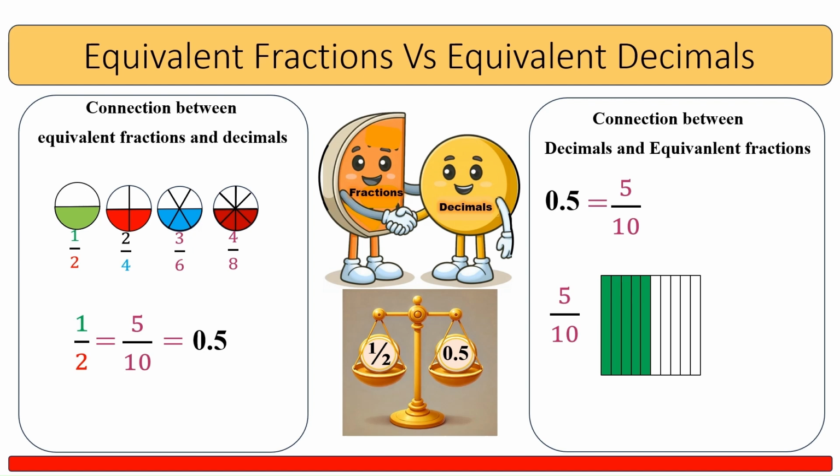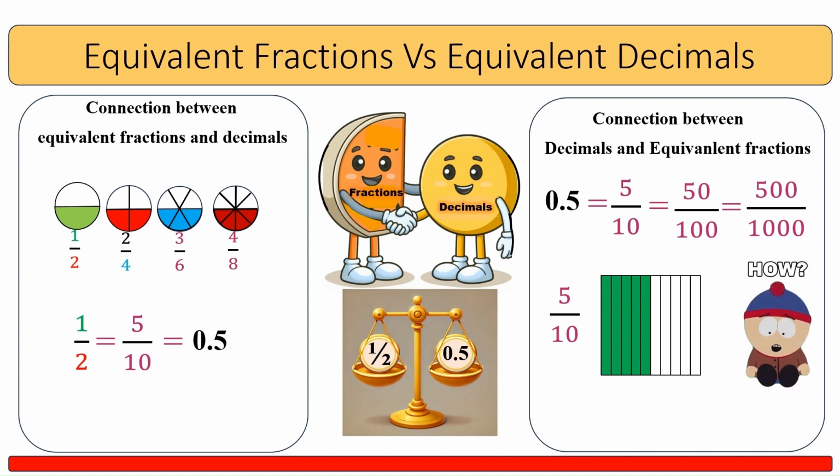Here you can see 0.5 represented as 5 out of 10 parts. 5 parts shaded out of 10 parts. And 5 upon 10, if you multiply the numerator and the denominator by 10, you will get 50 by 100, 500 by 1000. No matter how we write it, the decimal value remains unchanged. Let us try to understand how.